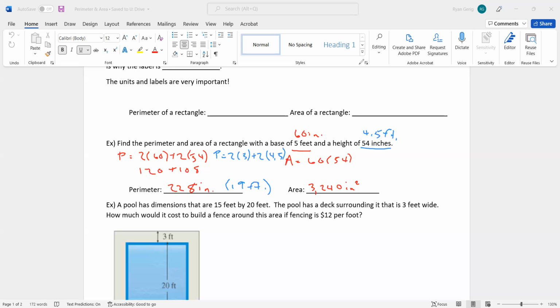Okay, the area would be 5 times 4.5, which gives me 22.5 feet squared. So pretty basic because it's just a basic rectangle, but making sure your labels match. That was the key of that question.